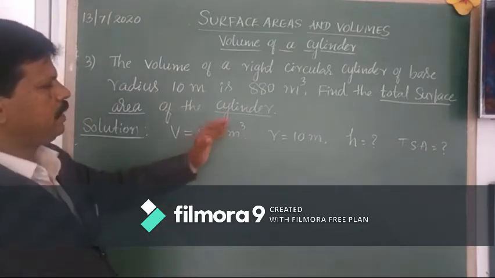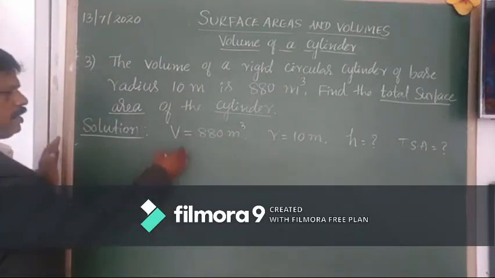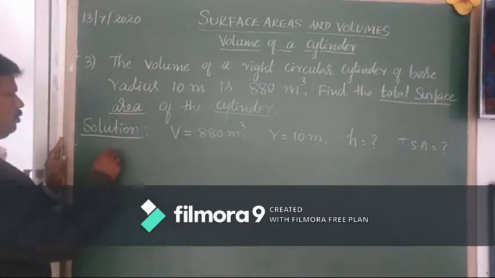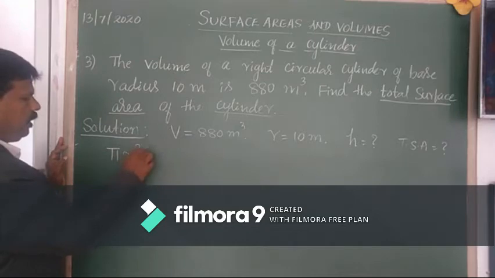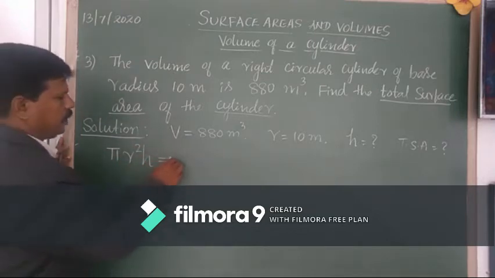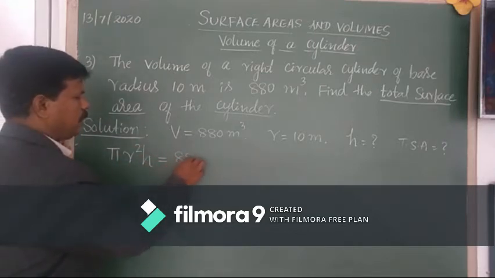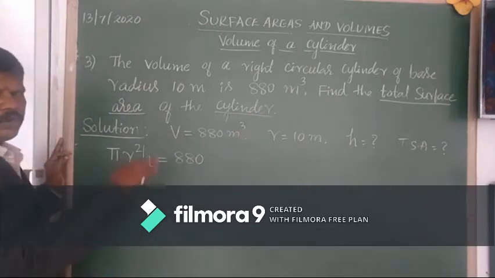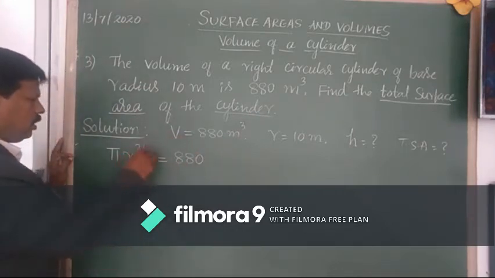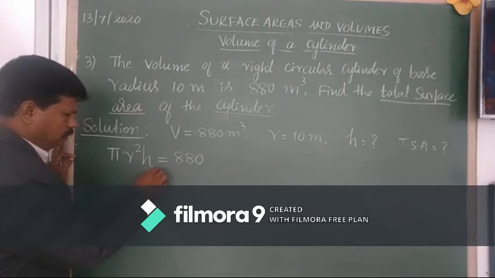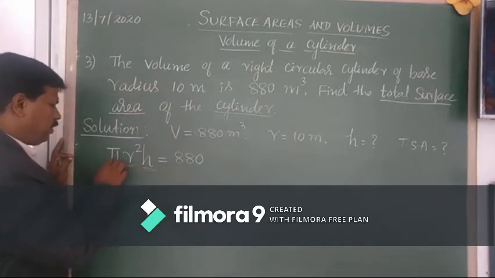So again, first take the volume. Volume is what? Pi r square h is equal to 880. Here there is no need to write the units. Now h we don't know, but we know r and we know pi.